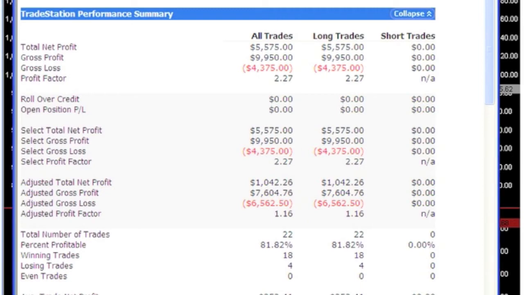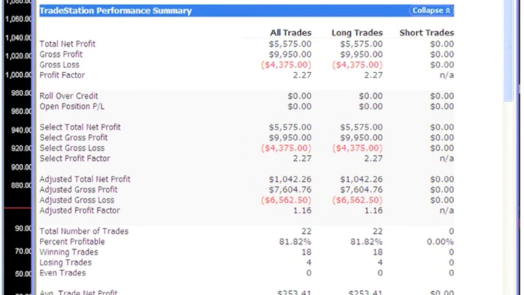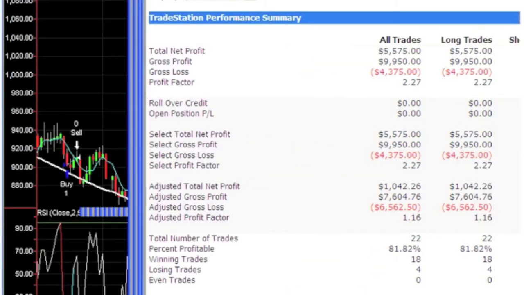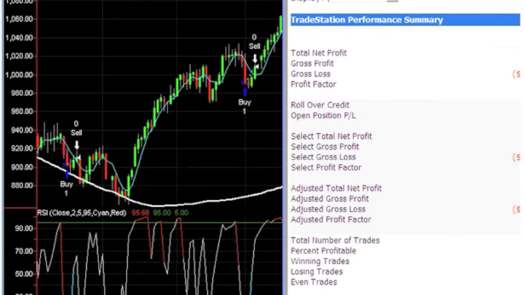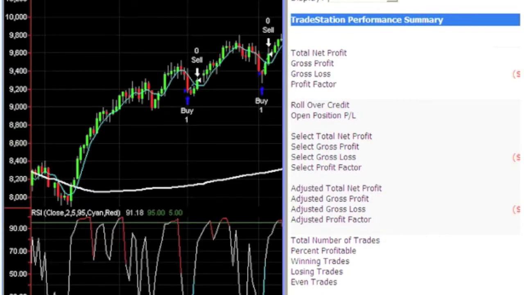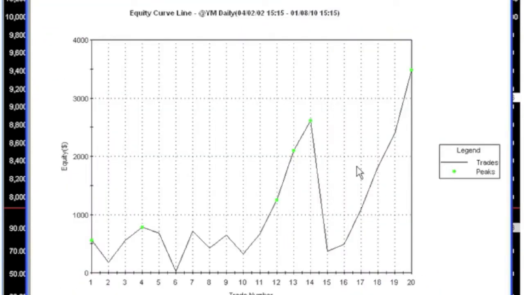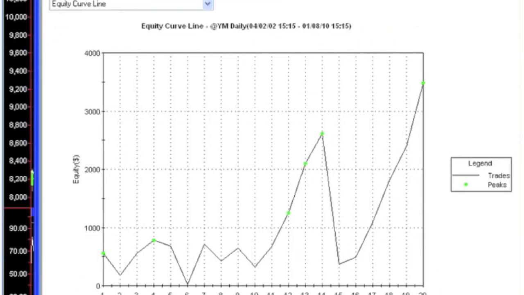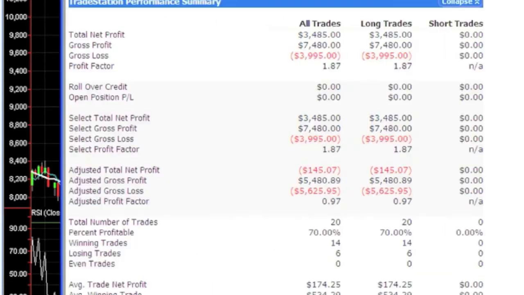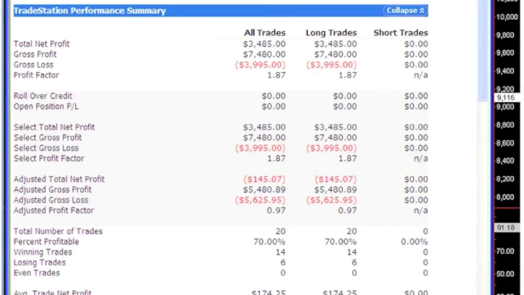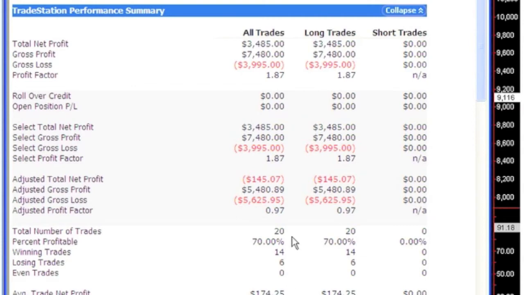What would this look like on YM? YM is profitable. Perhaps not as profitable. Let me give up the statistics here: $174 per trade on 20 trades, 70% win rate.